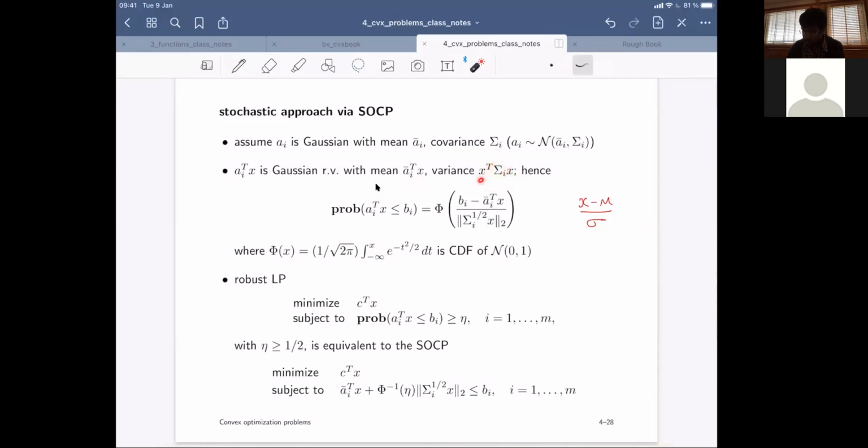This we already proved in the last class, or it's very easy to prove. Just use the basic formula for the variance or covariance.